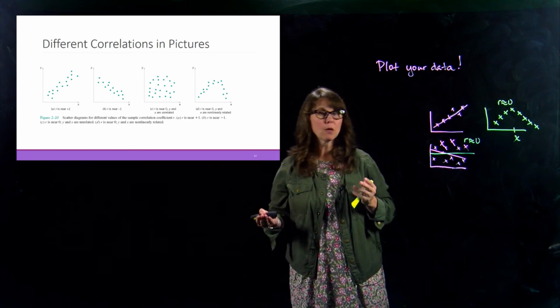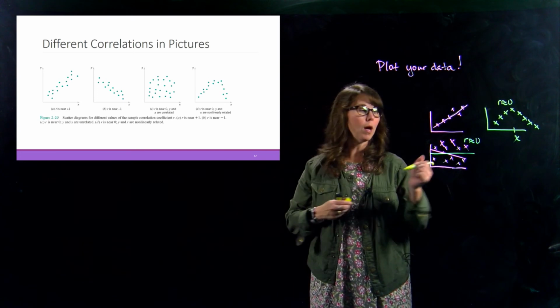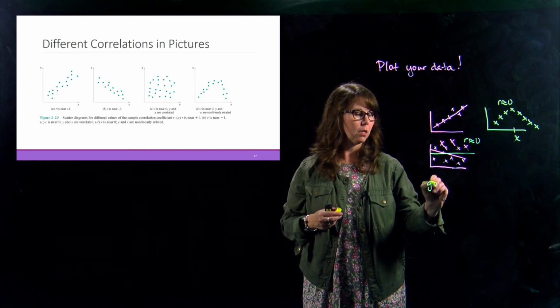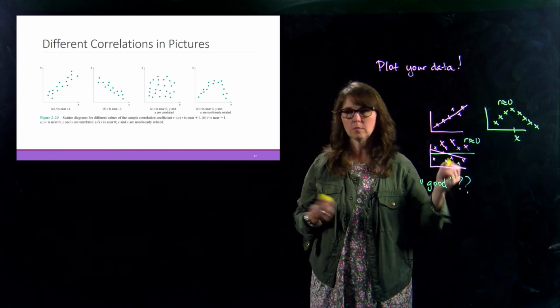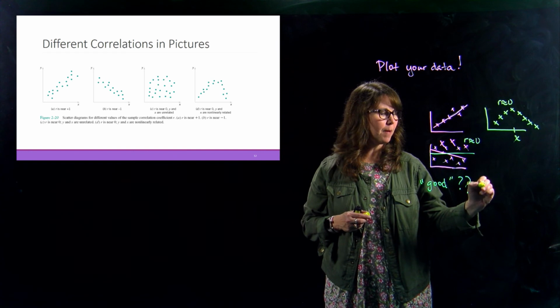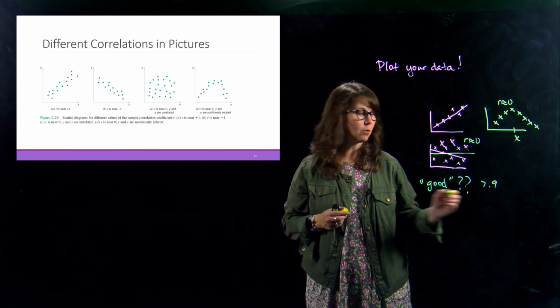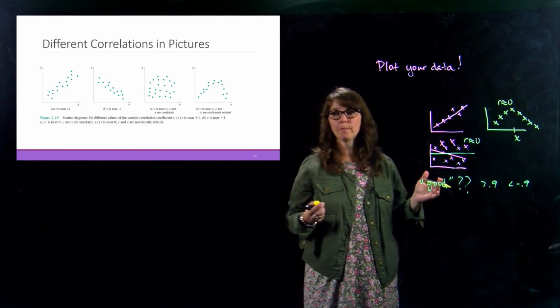The question we usually get as statisticians is, what is a good R? What means good? Strong? Well, certainly anything above 0.9 or less than -0.9 is considered pretty strong.